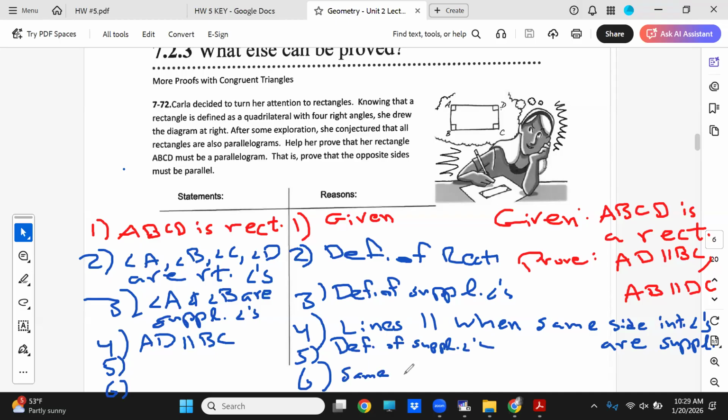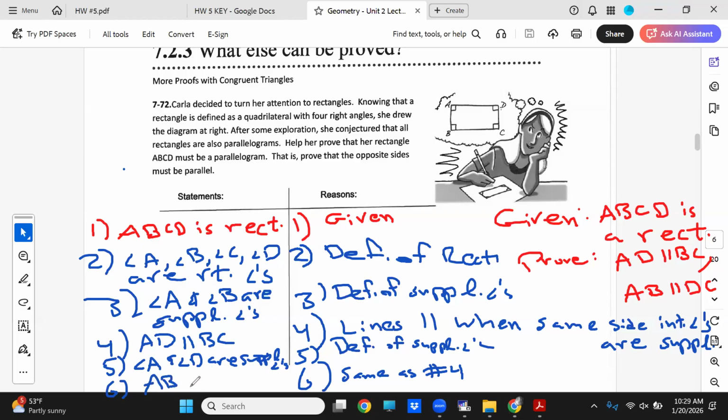And number 6 will be same as number 4. Angle C and angle D are supplementary angles. And of course, AB is parallel to DC.